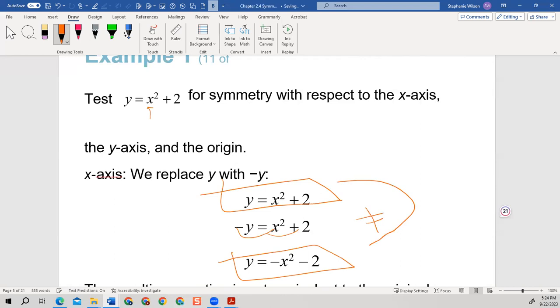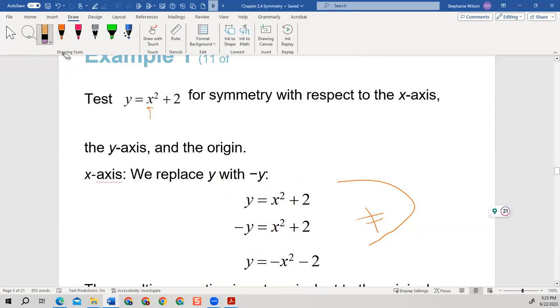Because we're trying to determine if it's with respect to x, y, or the origin, since it's not equivalent to the original equation, the graph is not symmetric with respect to the x-axis. Now you would check to see if it's with respect to the y-axis. Let me erase this here.